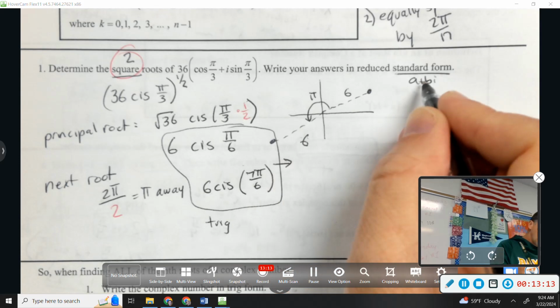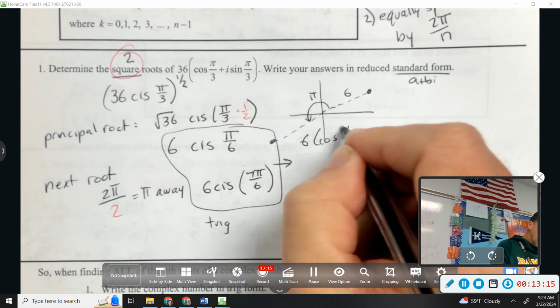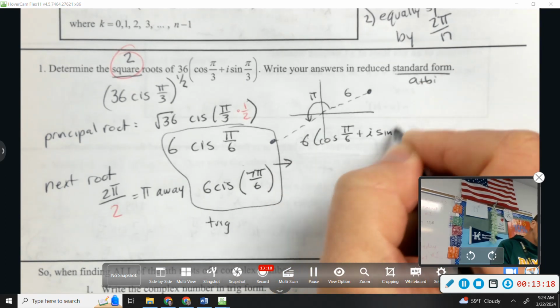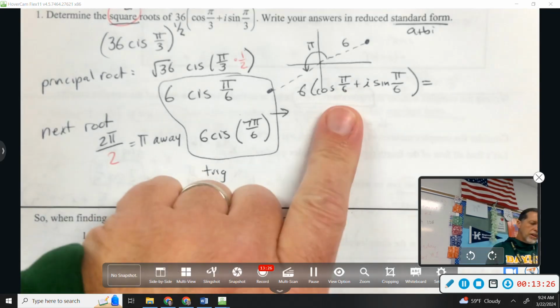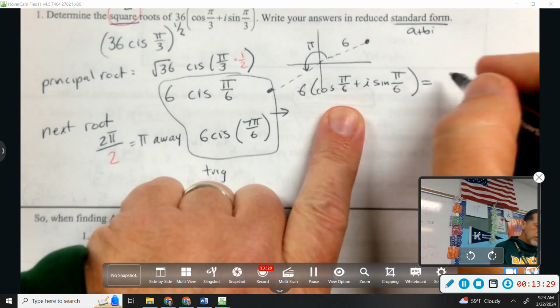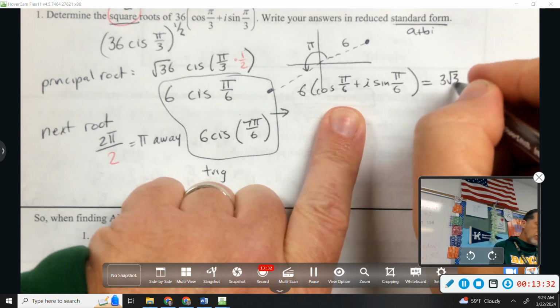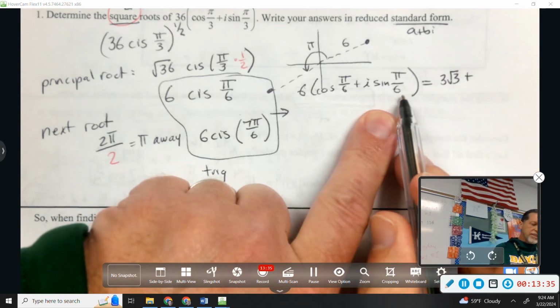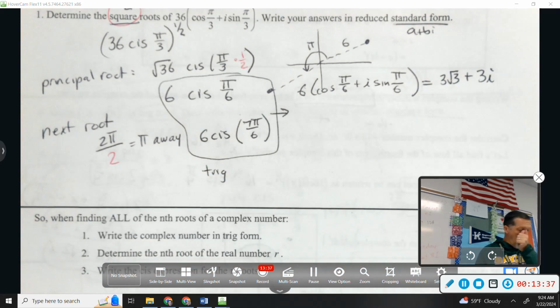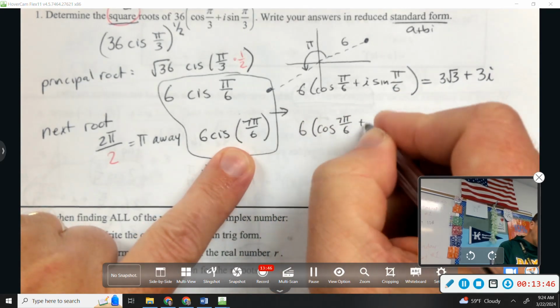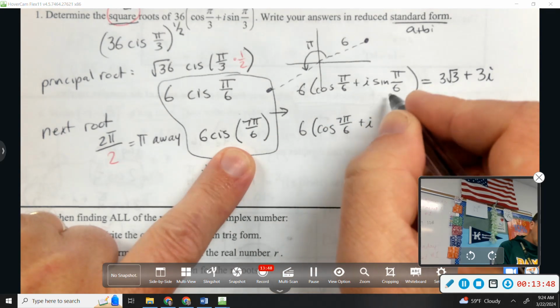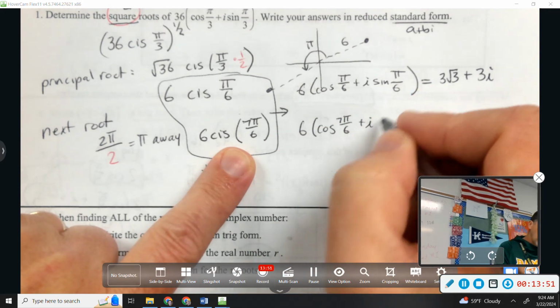In a plus bi form, cosine pi over 6 plus i sine pi over 6. Let's see. I'm trying to do steps in my head here. Cosine pi over 6 is root 3 over 2. So that'd be 3 root 3. Sine pi over 6 is half, so plus 3i. At 7 pi over 6, same process, like we've done this step Monday and Wednesday.